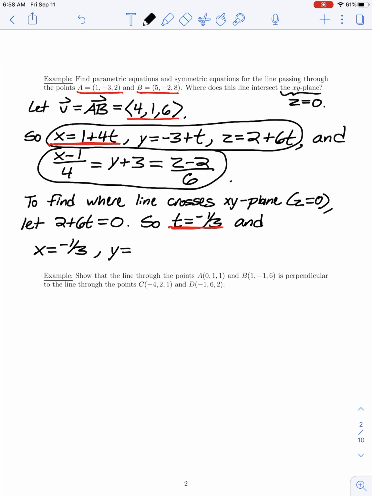My y coordinate would be negative 3 minus 1/3, so altogether negative 10/3. And then z is 0. So for our final answer, the point where this line crosses the xy plane would be the point negative 1/3, negative 10/3, and 0.